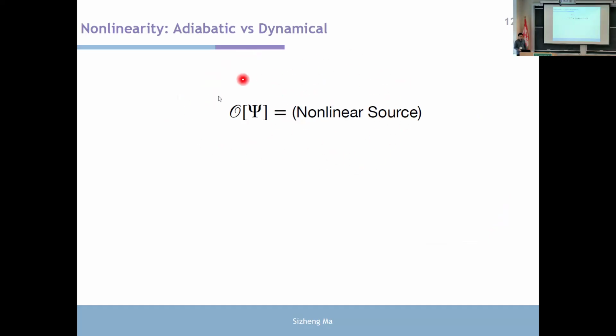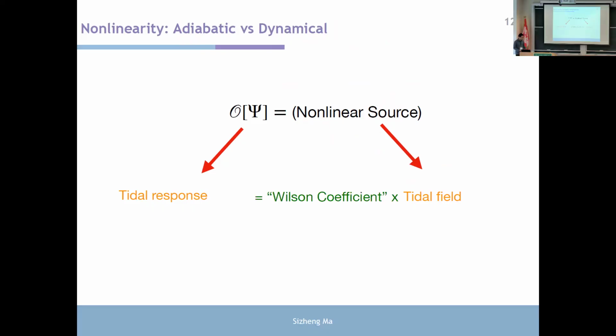Importantly, the left-hand side is identical to the linear operator, so the whole nonlinear effects completely enter through this nonlinear source term. Here we can think of this source as a tidal field acting on the black hole, and the corresponding particular solution can be thought of as the tidal response, which is related to the tidal field through a set of quote-unquote Wilson coefficients.